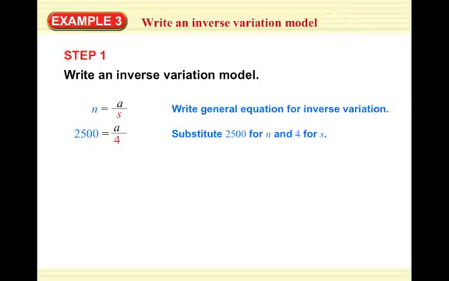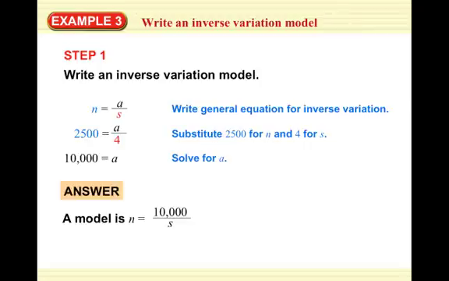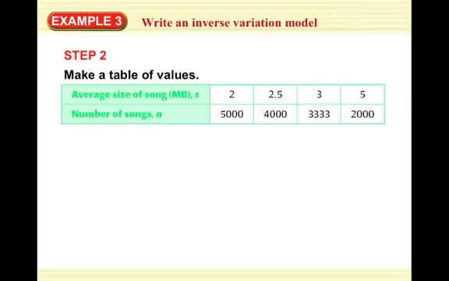So now to solve for a, we multiply by 4, and we get 10,000 equals a. So our model is n equals 10,000 divided by s. So now we can work on that table. On the table, we're given a bunch of average song sizes. So to get the number of songs, we just take 10,000 and divide by the song size. So 10,000 divided by 2 gives us 5,000, divided by 2.5 gives us 4,000, and so on.